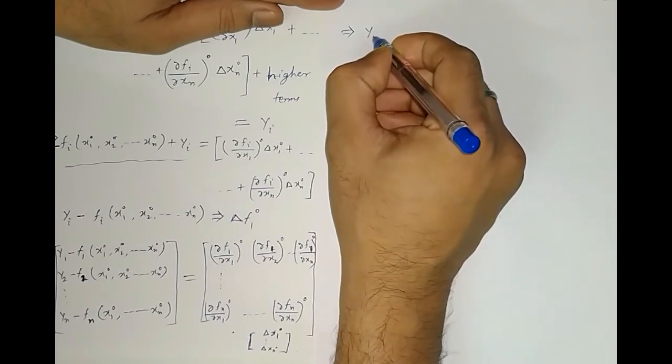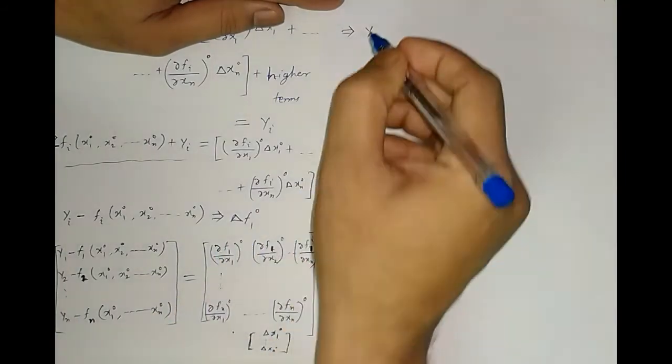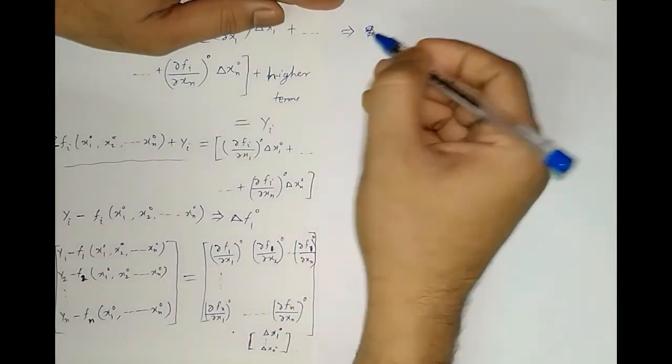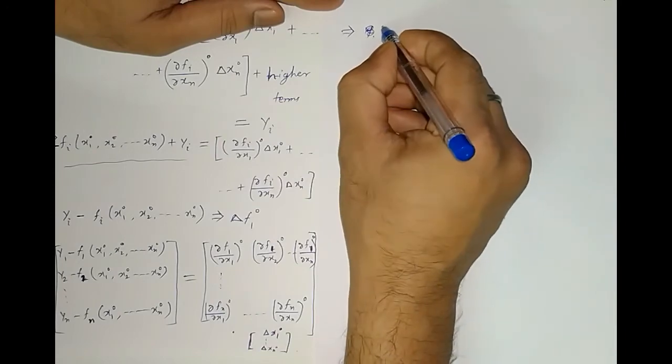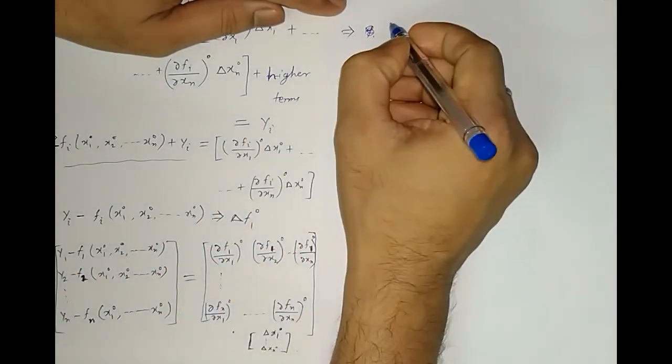Since this is delta f1 0, I am now writing this portion in functional form.